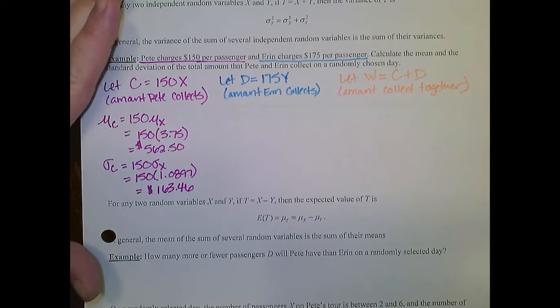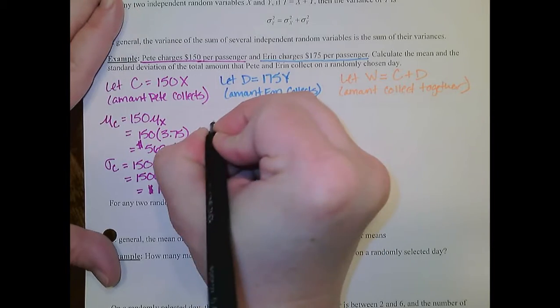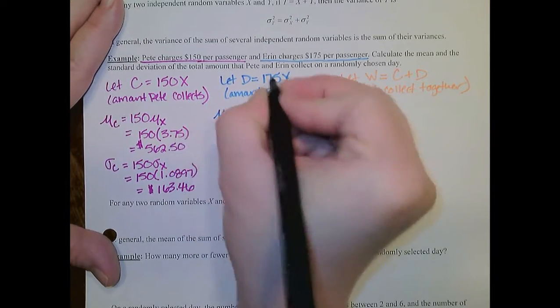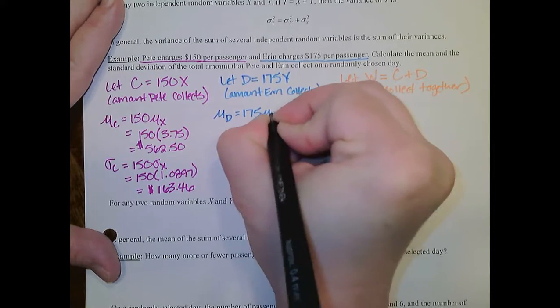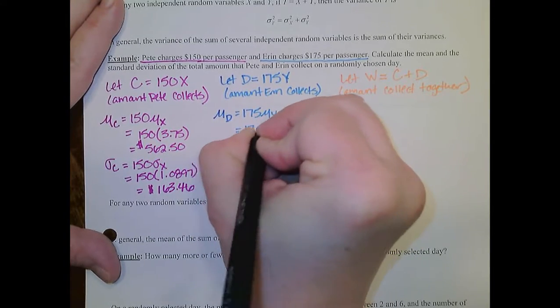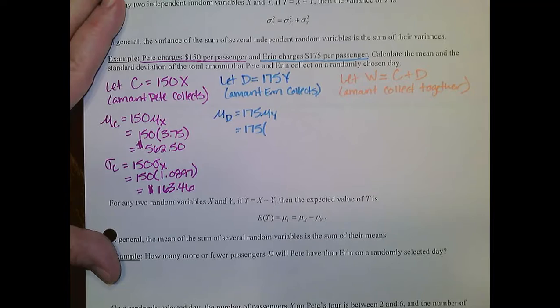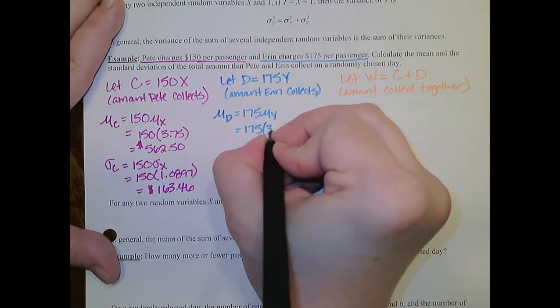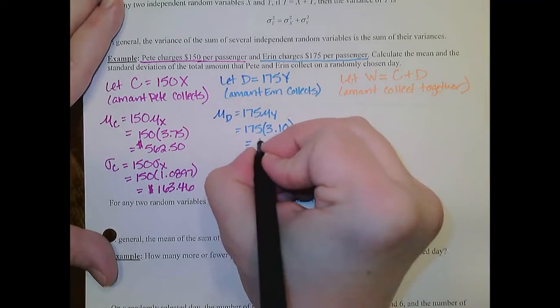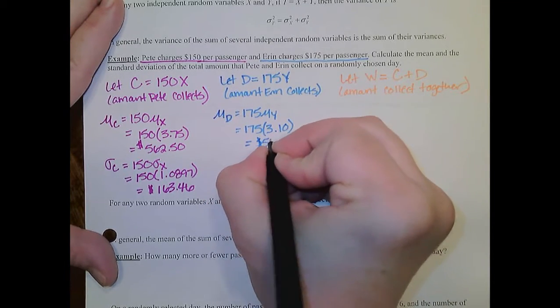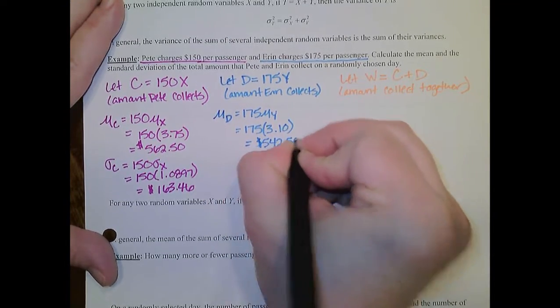So now we're going to repeat that process for Aaron. The mean of D is going to be the constant 175 times Aaron's mean. So we have 175 times the mean amount that Aaron collects, which was given to us, 310. Gives us a mean of $542.50.